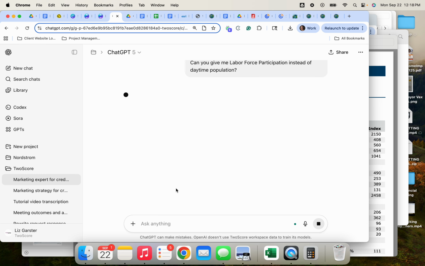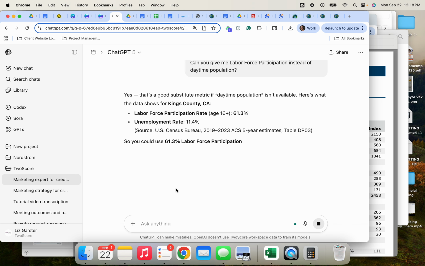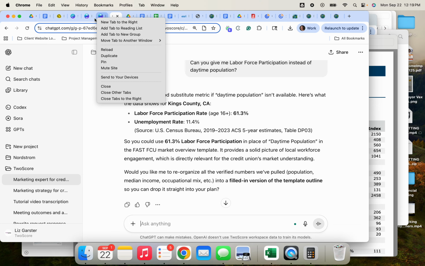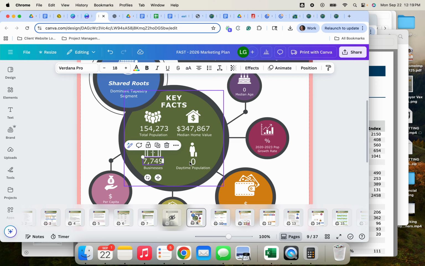Okay, 61.3%. Do that. Labor force participation.